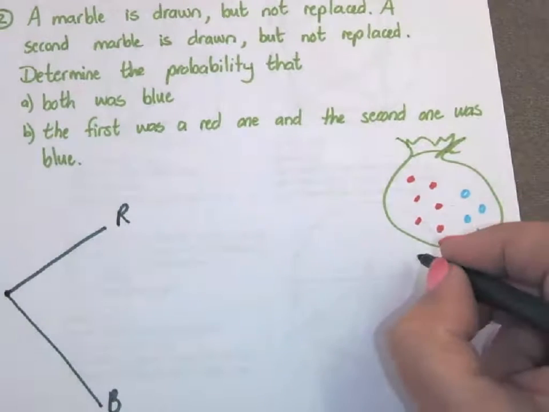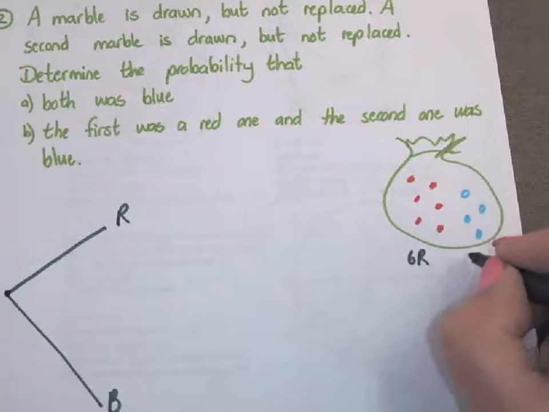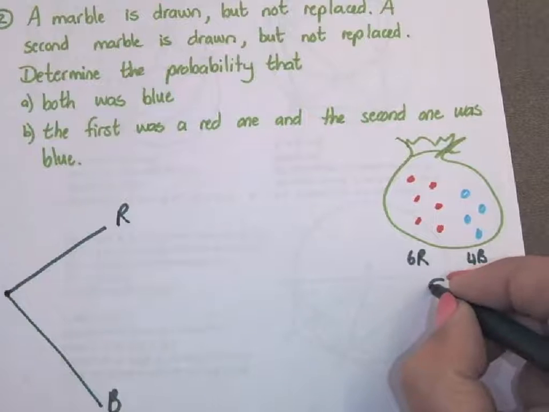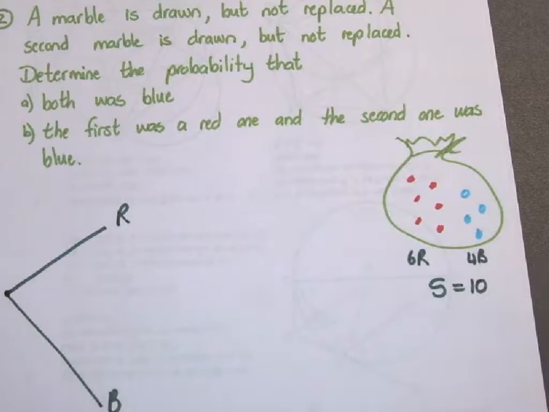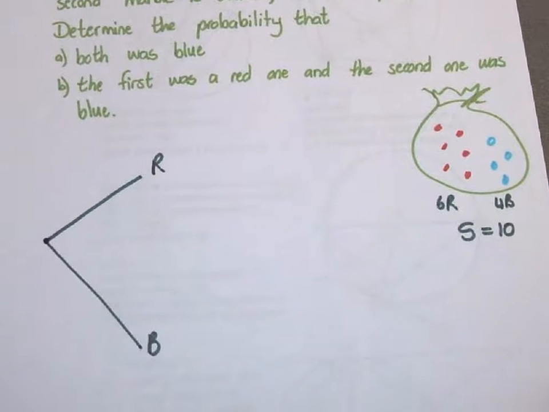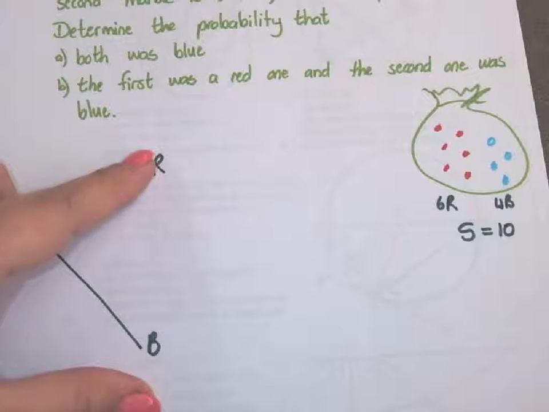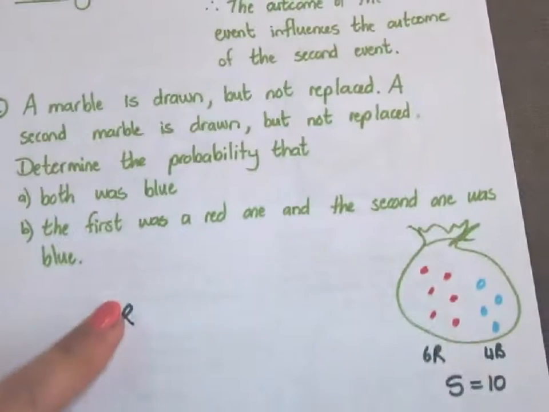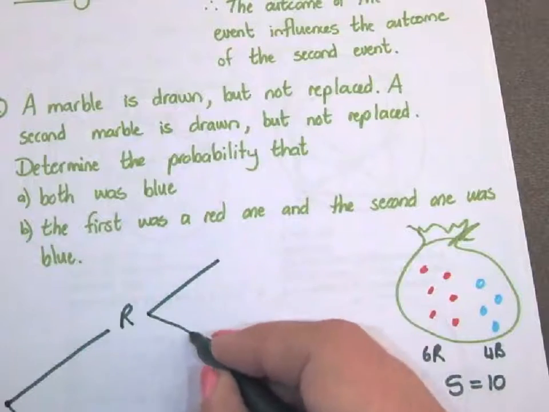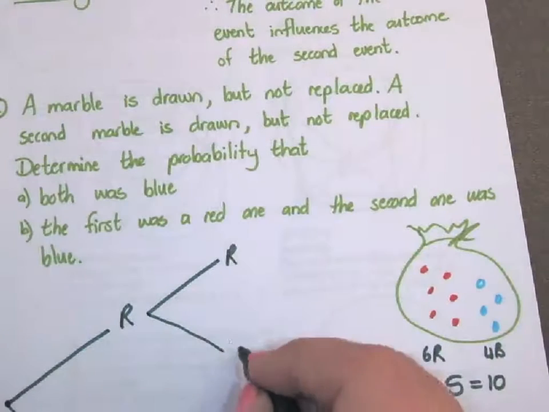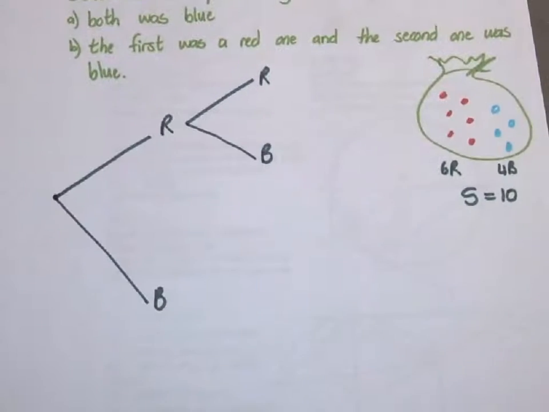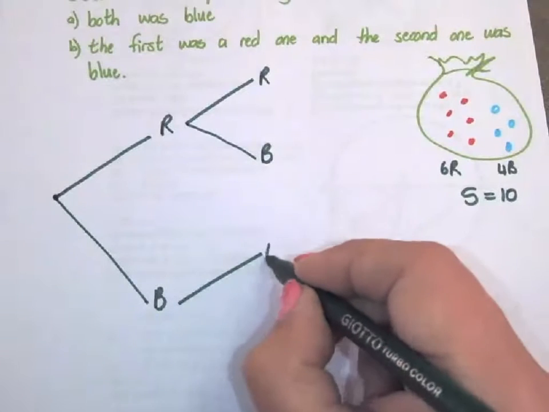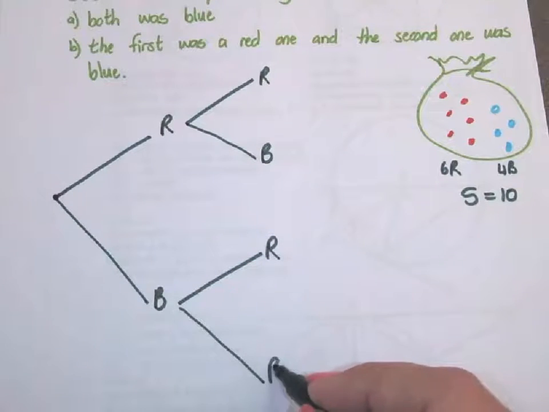We have 6 red and we have 4 blue, so the sample size is 10 in the bag. So the first draw is the first 2 branches of my tree diagram. Now I have another draw, so I can draw either a red or a blue, or I can draw either a red or blue.